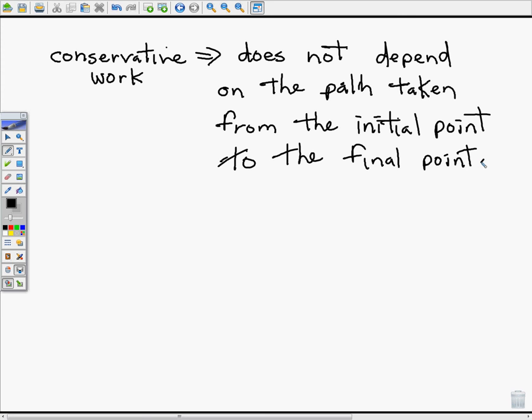So an example of a conservative force is the force due to gravity. So an example of conservative work is the work done by the force due to gravity.